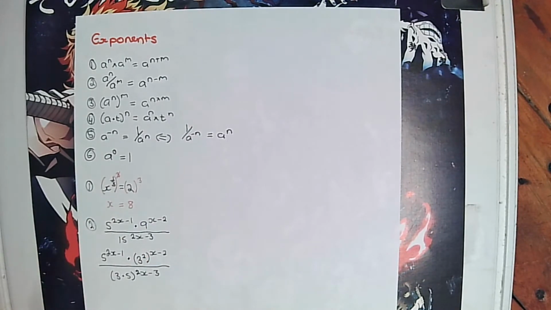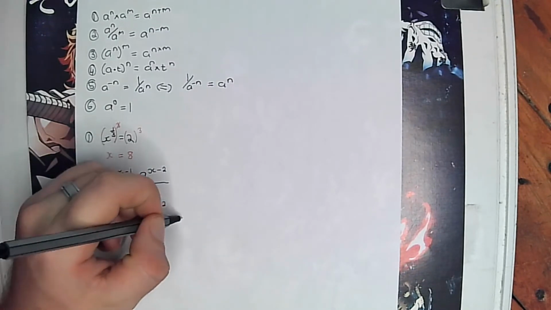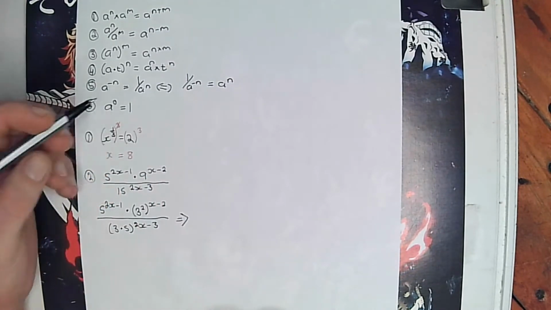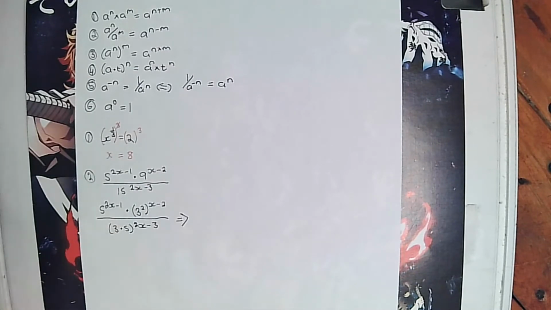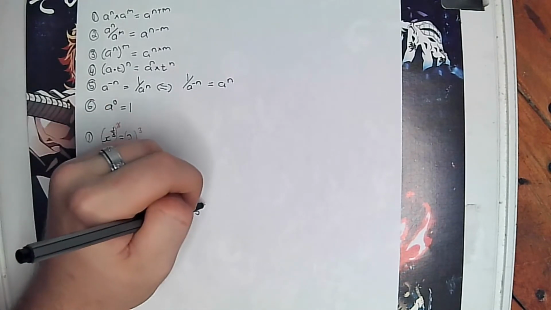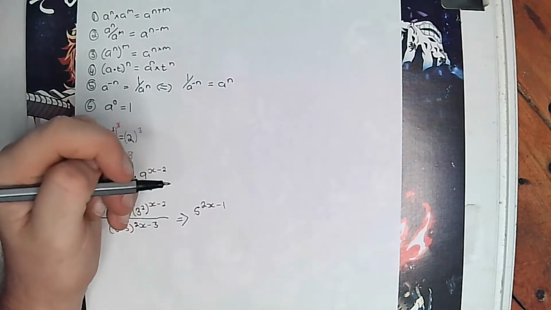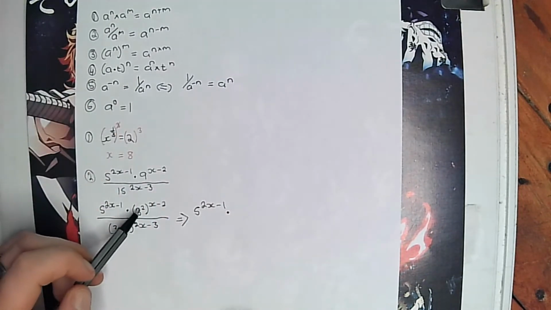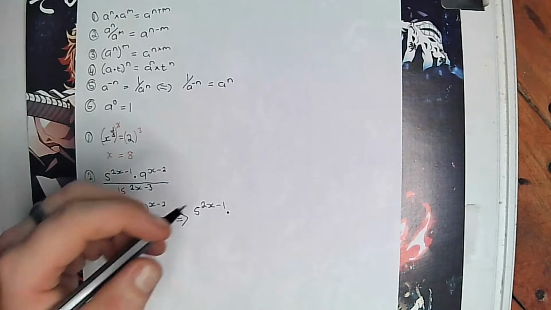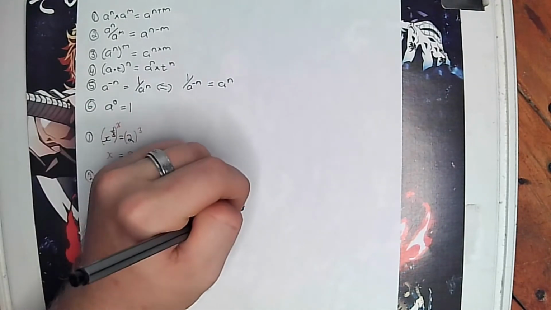Now, what you can do from here is simplify. So how would I do that? 5^(2x-1) times 3 to the 2 multiplied with the x and the negative 2. So it would be 3^(2x-4).